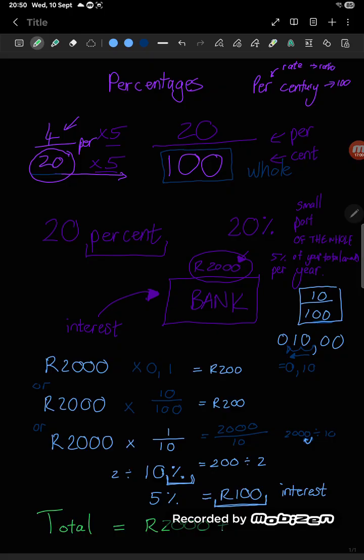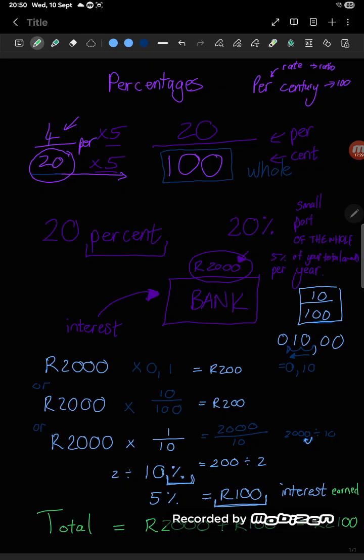Interest is actually classed as an income. So when your folks do their taxes, they have to include any interest they earned in the bank. So 2,000 plus 100, my total in my bank account at the end of 1 year is going to be 2,100 Rand.